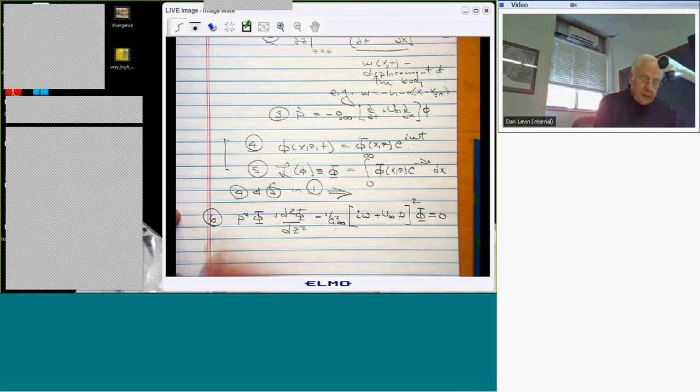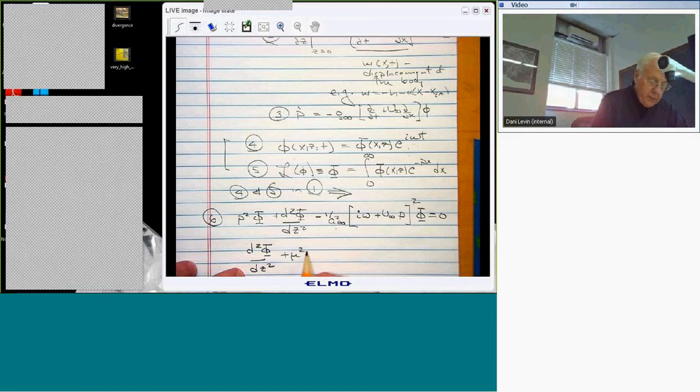And then I can collect all these terms so that I have an equation that looks like this. Make sure I get the sign right. I know the answer I want, so I'll do it this way.